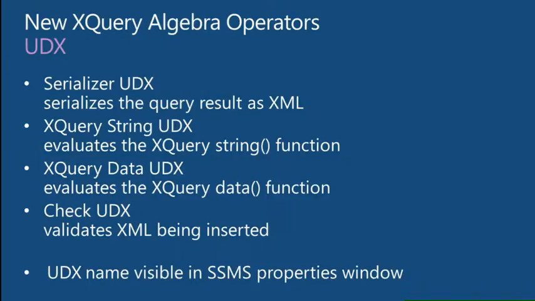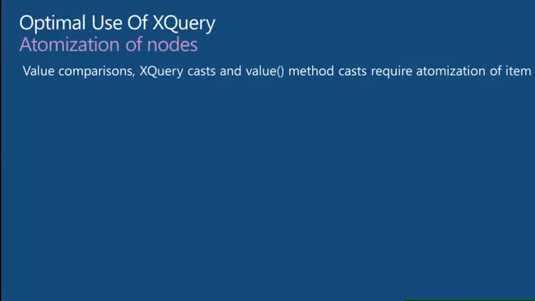Now, these things are visible in the SSMS property window if you look at the query plan. We'll see that later. So one of the things we want to do is basically avoid having these UDXs appear. Let me give you a little bit of an introduction into what XQuery calls atomization of nodes.